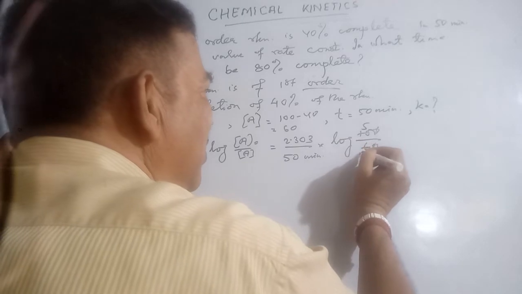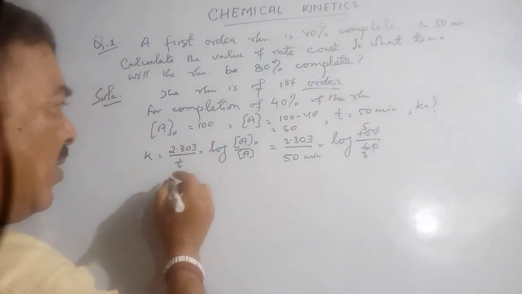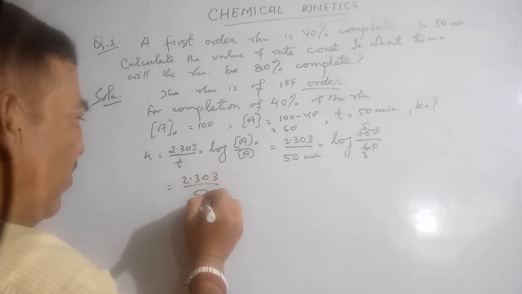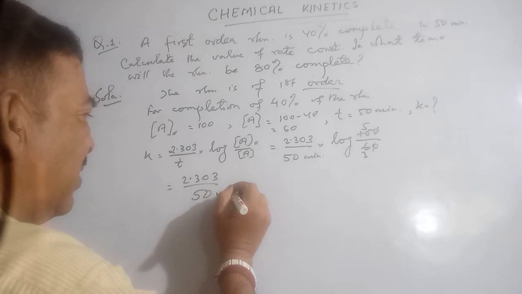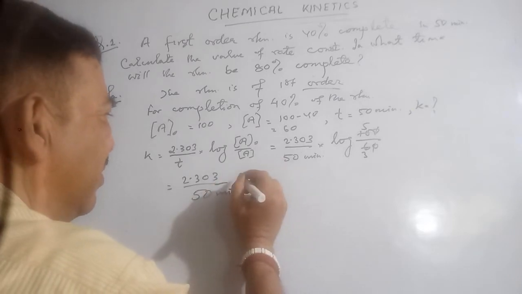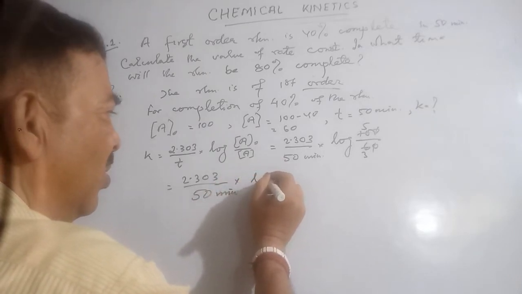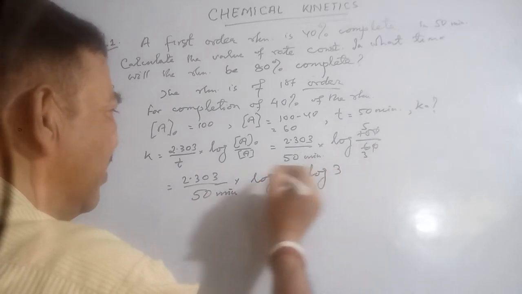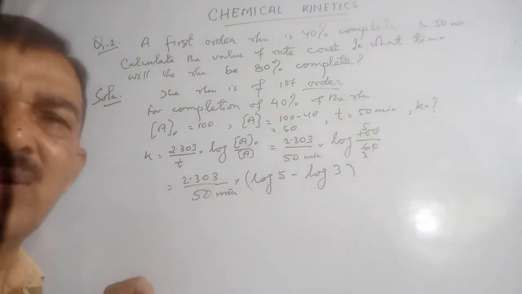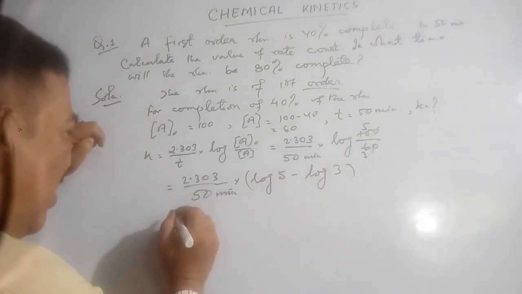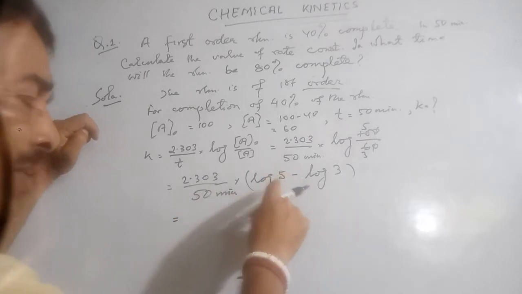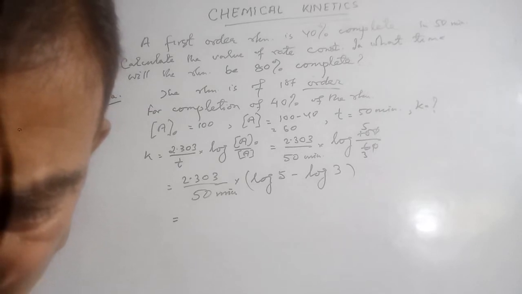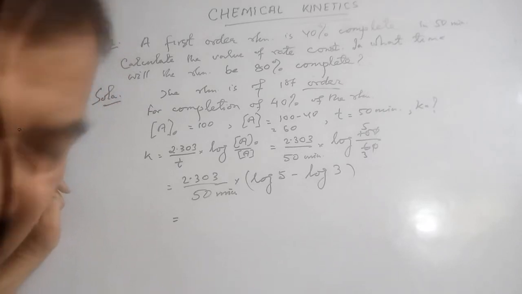2 fives are 10, 2 threes are 6. So we have 2.303 by 50 minutes into log 5 minus log 3. Log 5 minus log 3. Here the value of log 5 is 0.6990.